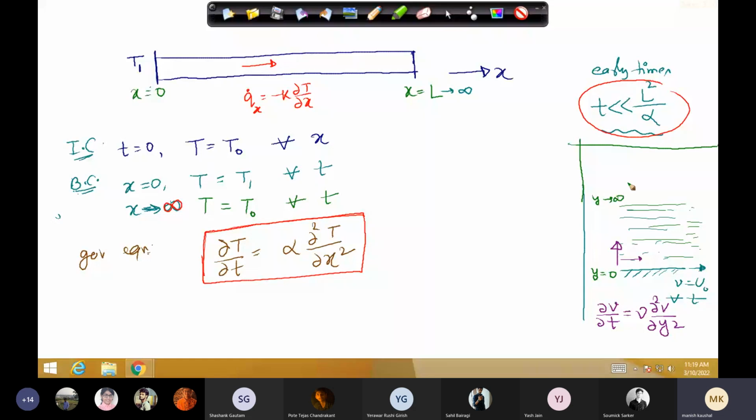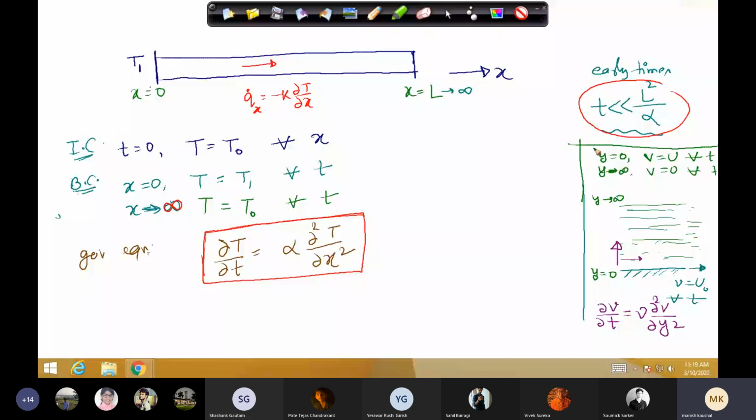So our boundary condition, if you remember, at y equal to 0, velocity is u naught for all t. Then at y equals infinity, velocity is 0 for all t. This was the boundary condition.